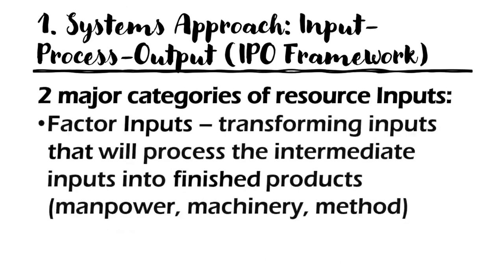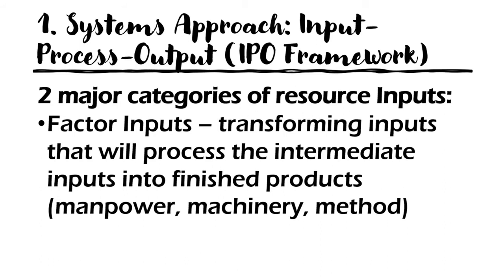When we say factor inputs, it refers to transforming inputs that will process the intermediate inputs into finished products. So, sabi, ito daw tumutukoy doon sa manpower, machinery, and method. Kanina, di ba sa part ng resource inputs, yung 5 M's ay itong tatlo, yung manpower, machinery, and method.